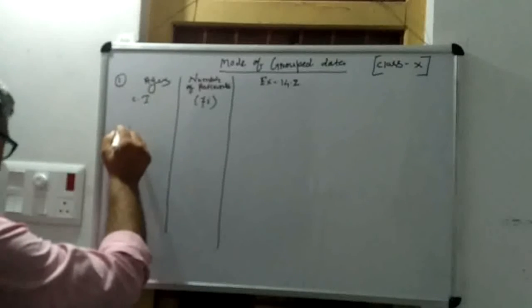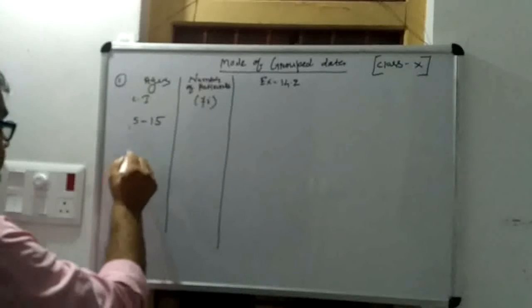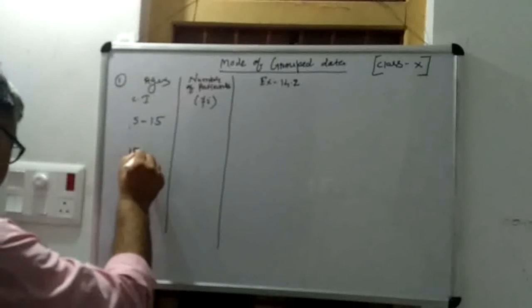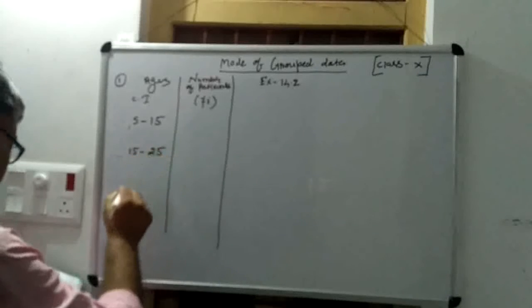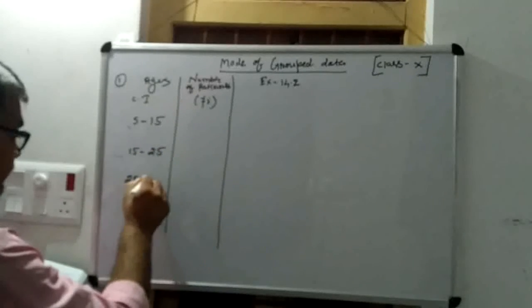The ages are given as 5 to 15 years, 15 to 25, and 25 to 35.